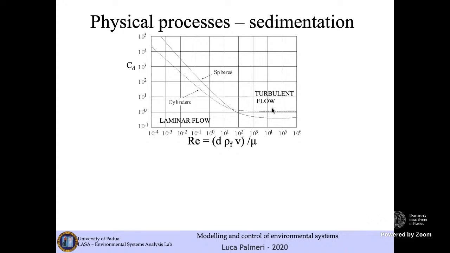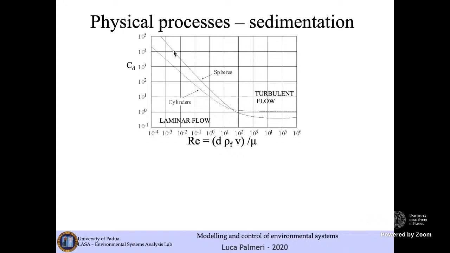We may also recall that the Reynolds number, describing the condition of the flow, can be expressed as the diameter of the particle times the density of the fluid times the settling velocity, divided by mu, that is the viscosity of the fluid. So here we have a dependency of the Reynolds number on the density of the fluid and on the viscosity. Of course, these curves change according to the shape of the particle.